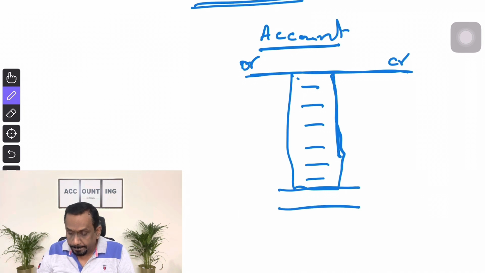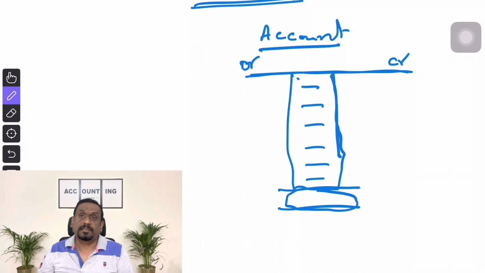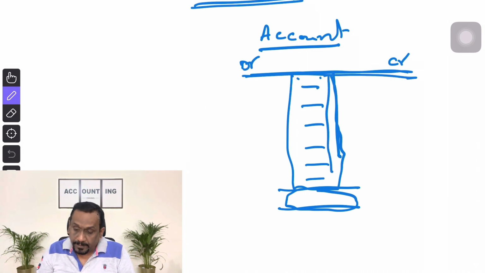If I total them, I will get to know the end result of my purchases: how many purchases I made during the month, or during the quarter, or during the year. So this account will give you the final result of purchase related transactions.